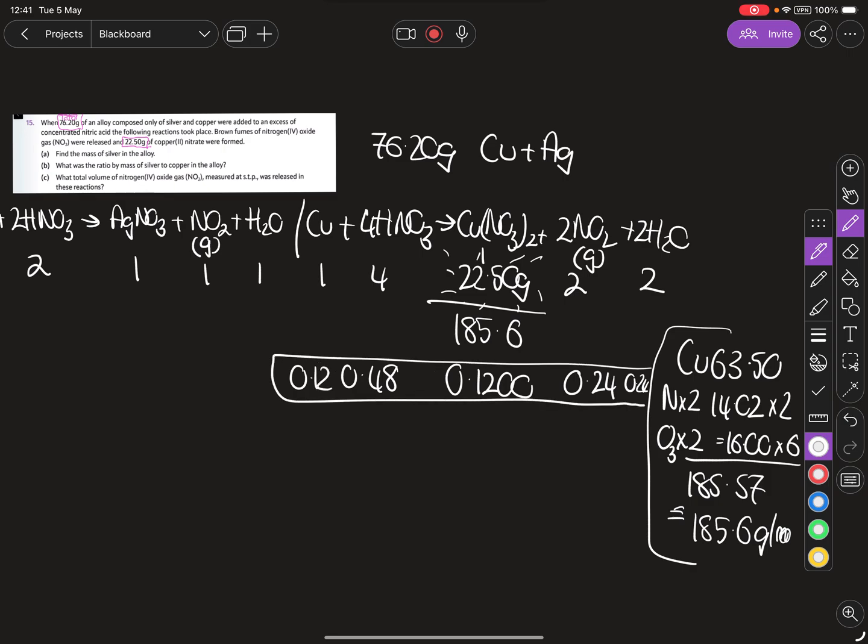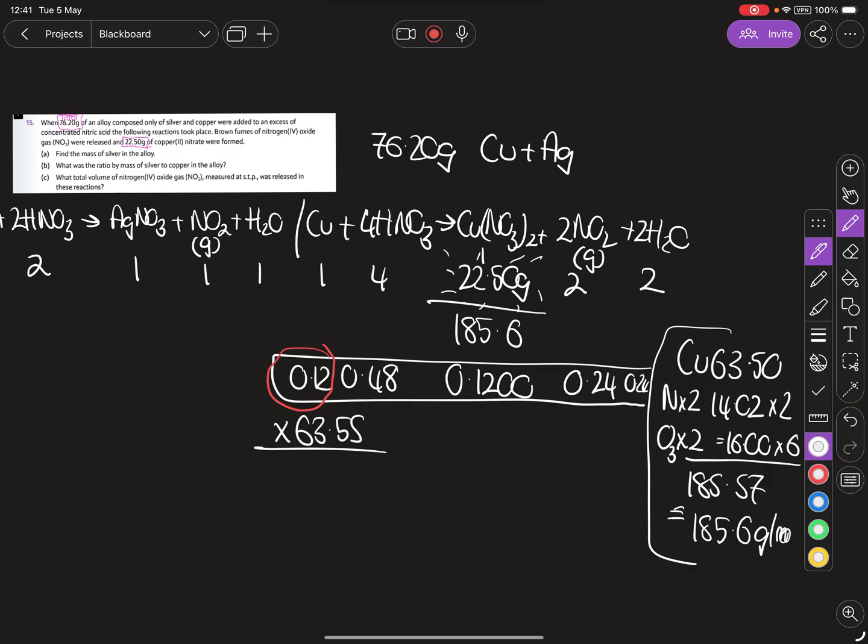Now, I have the total copper and silver, and because I've worked out the moles of copper, I can turn that into a mass of copper. So to turn into a mass of copper, I multiply it by the molar or the atomic mass of copper.